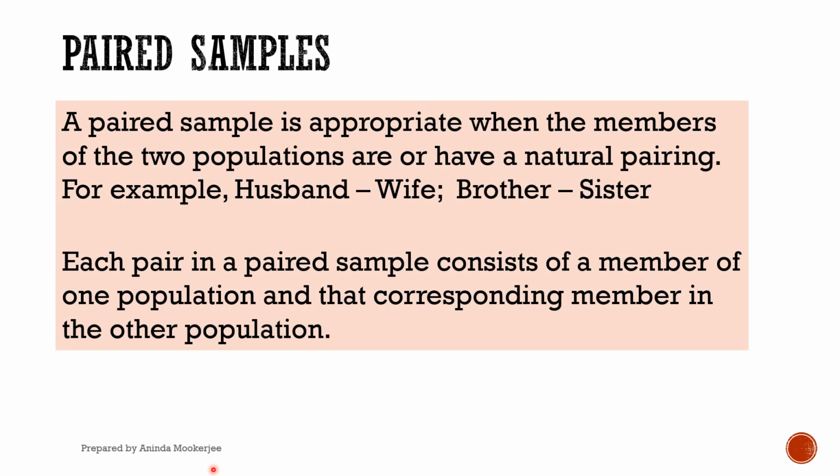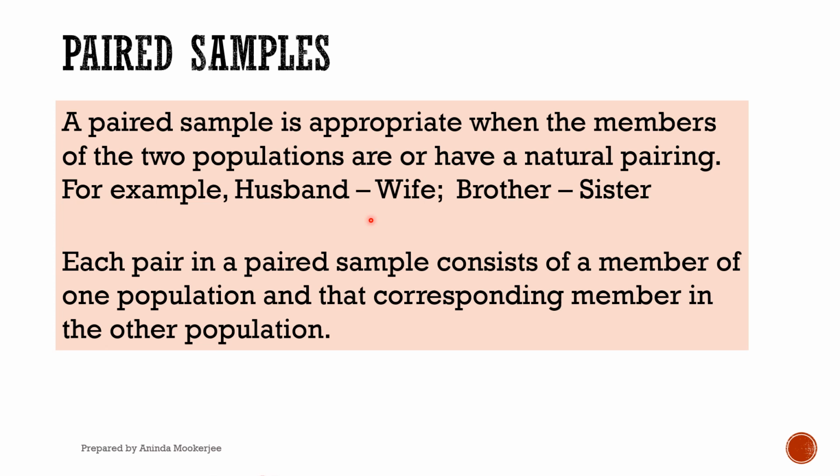Now let's quickly review what paired samples is about. A paired sample is appropriate when the members of the two populations have a natural pairing. For example, husband and wife. They are related by marriage. Brother and sister, right? They are genetically related.